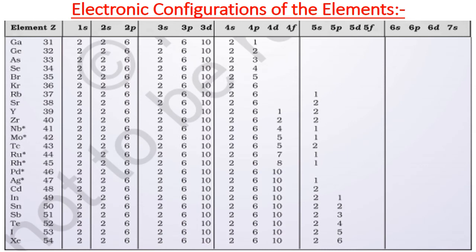From atomic number 31 to 54, electrons are filled in the orbitals 1s, 2s, 2p, 3s, 3p, 3d, 4s, 4p, 4d, 4f, 5s and up to 5p orbitals. Xenon has atomic number 54, where all the orbitals are completely filled.